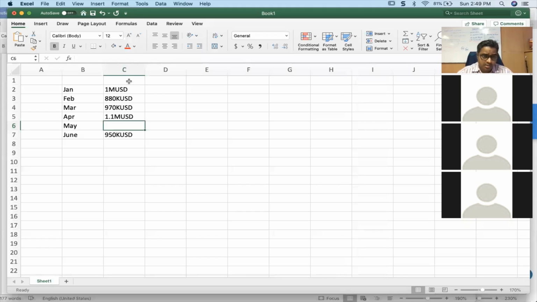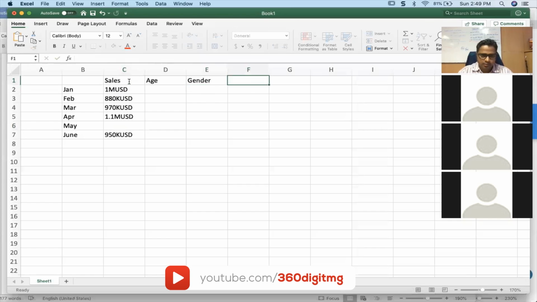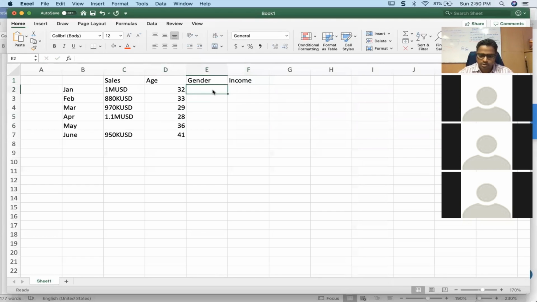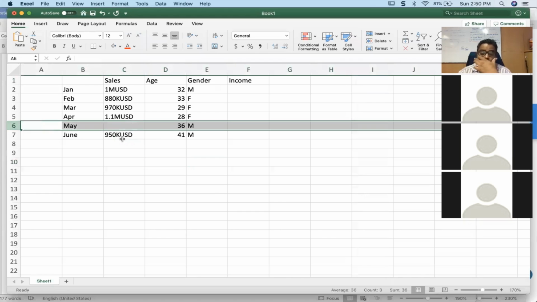Why otherwise? Say this is sales, we have age, gender, income, all of that. Age is 32, 33, 29, 28, 36, 41, whatever it be, gender you have male, female, male, and then say you have income also. Even if one value is missing, by default, the techniques that you apply, your machine learning or whatever it be, is going to delete this entire row.